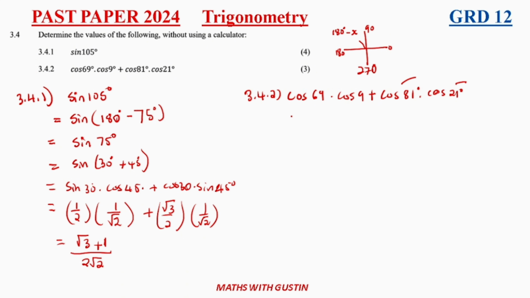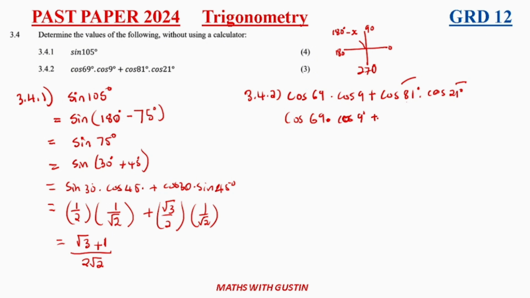But these are co-functions, guys. So what you can do, you can say, okay, I want to see if we can get the angles on the right hand side to be the same as the angles on the left hand side. So this is what you can do, guys. You can make this 90 minus, because it's a co-function.